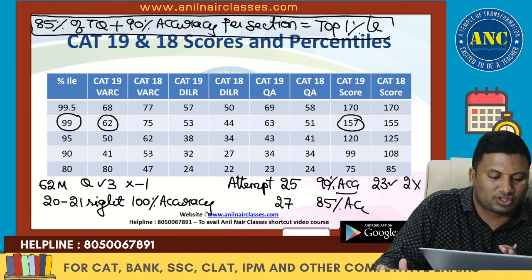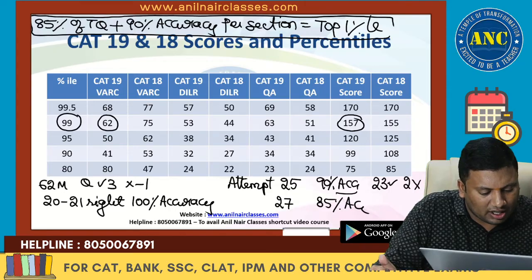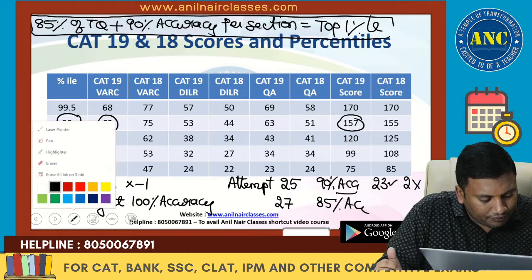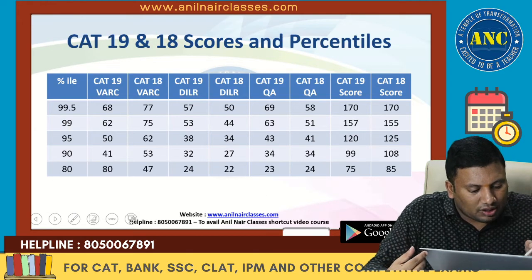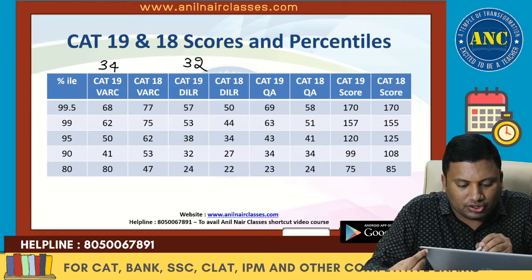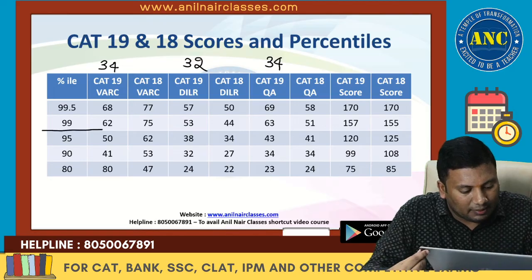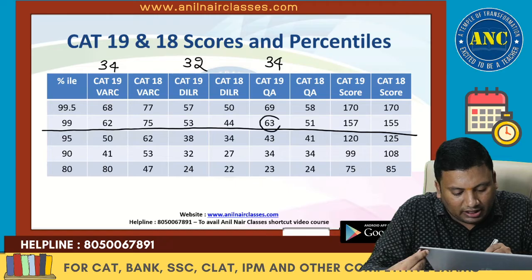85% of the total questions. Let us check it out with the data whether my statement is right or wrong. Now if you see CAT 2019, here 34 questions are there, here 32 questions are there, here 34 questions are there. See the 99 percentile, these are nothing but 63.